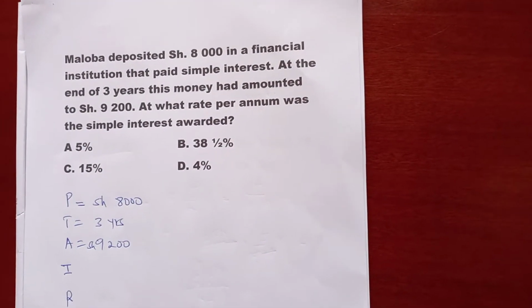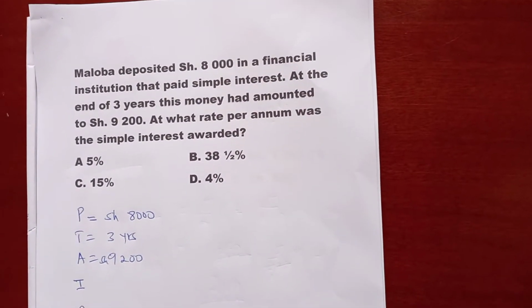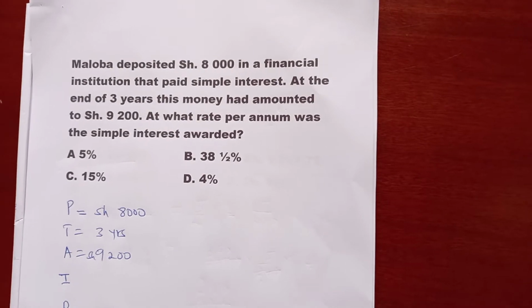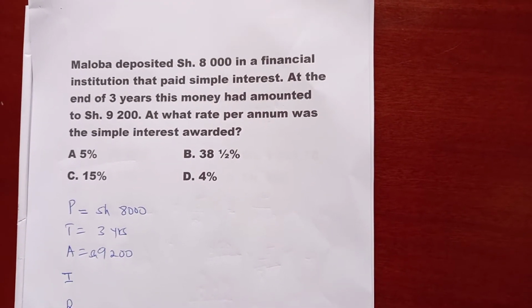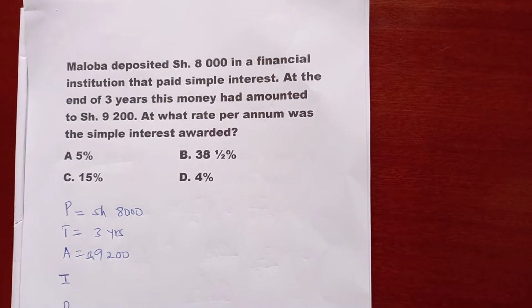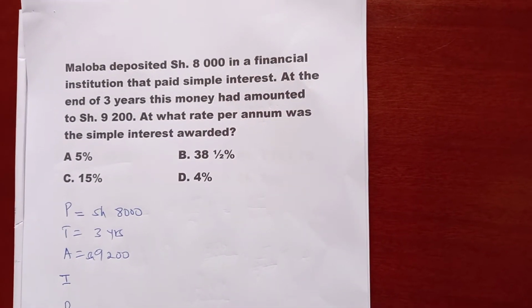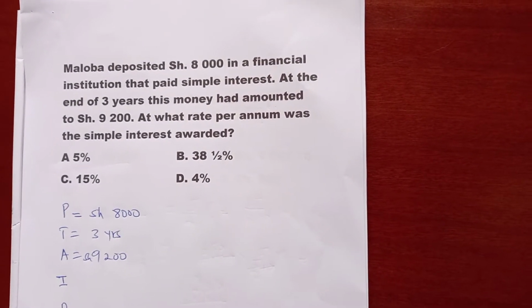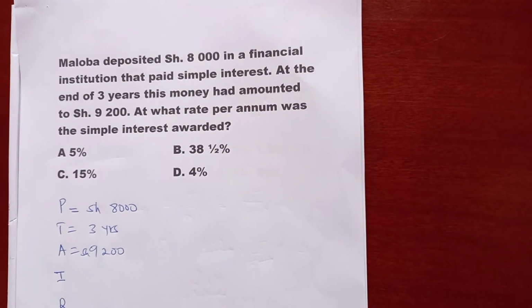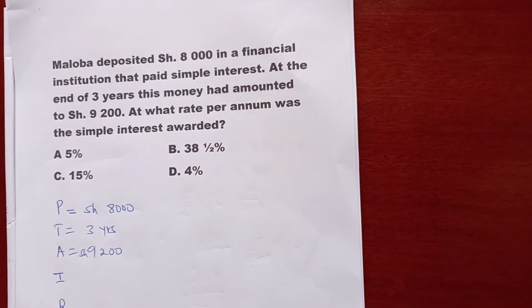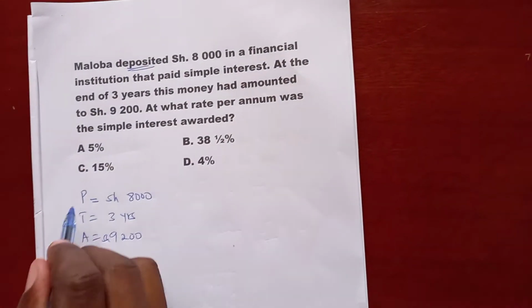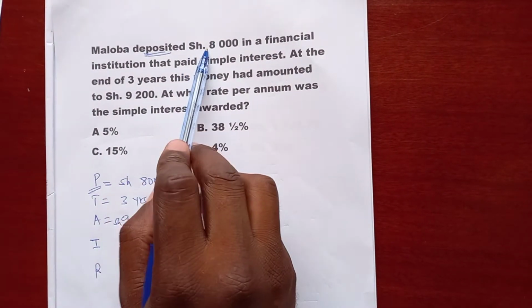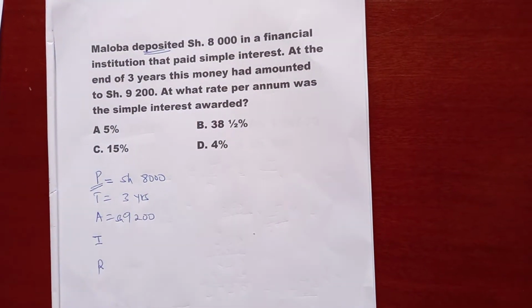Maloba deposited shillings 8,000 in a financial institution that paid simple interest. At the end of 3 years, this money had amounted to shillings 9,200. At what rate per annum was the simple interest awarded? Very simple question. We have deposit, which represents our principal, shillings 8,000.